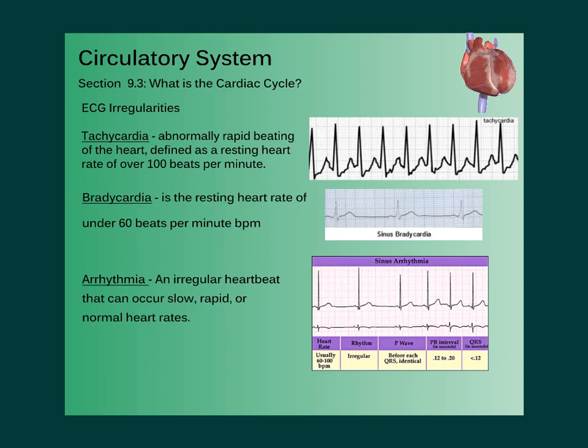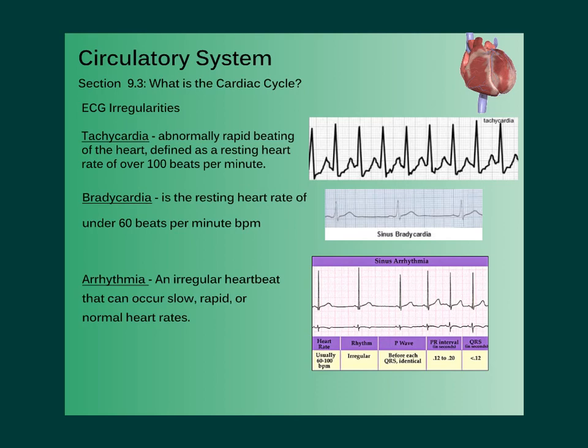That's tachycardia. Now, Brady means usually slower. Sorry, Brady, you're slow. But bradycardia is a resting heart rate of under 60 beats per minute. So bradycardia isn't necessarily bad, but you should be somewhere around that number. And then an arrhythmia is an irregular heartbeat.